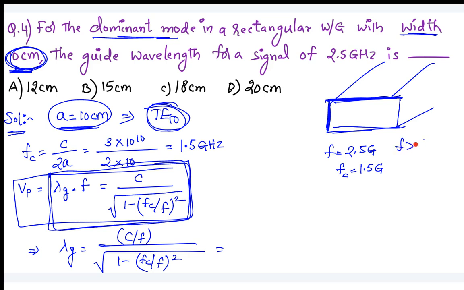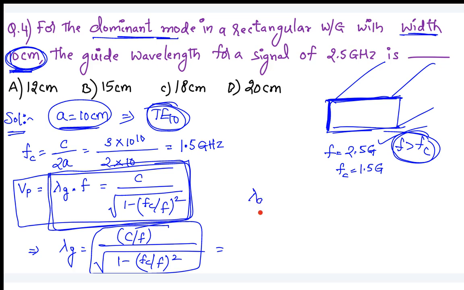First thing, whenever you are analyzing anything in waveguides, you have to verify this. Only if f is greater than fc will you be able to analyze all the things. So f greater than fc means you can go ahead and directly substitute all these values.